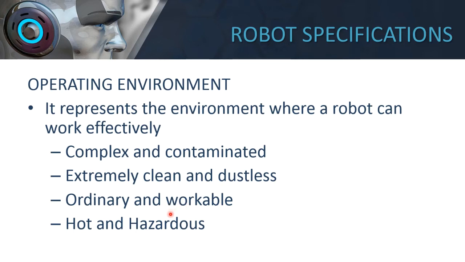So a robot installed in a hotel wherein it is used for service, or a domestic purpose robot which does cleaning of the floor or helping in the kitchen. All those are ordinary and workable environments. And then hot and hazardous environment, especially robots which are installed in nuclear power plants. So they can be an example for this type of environment.